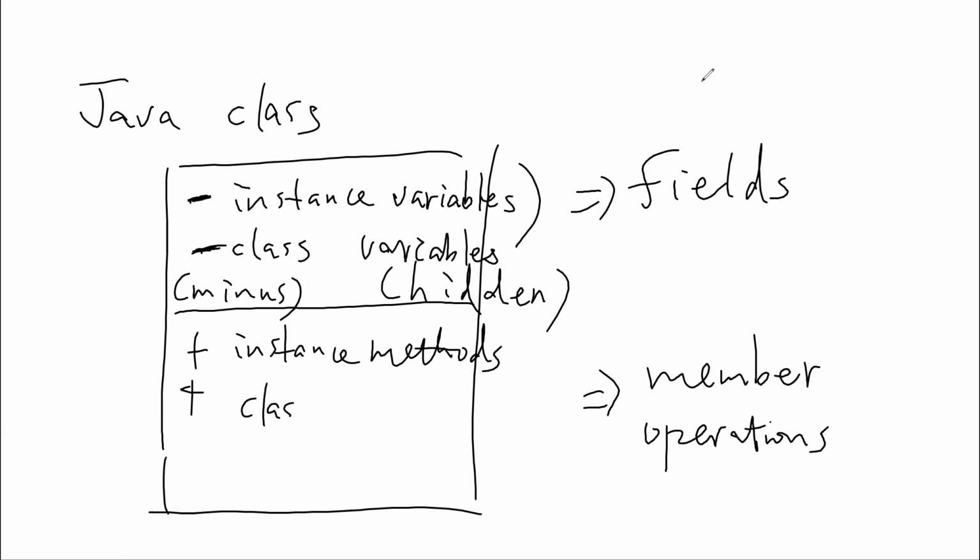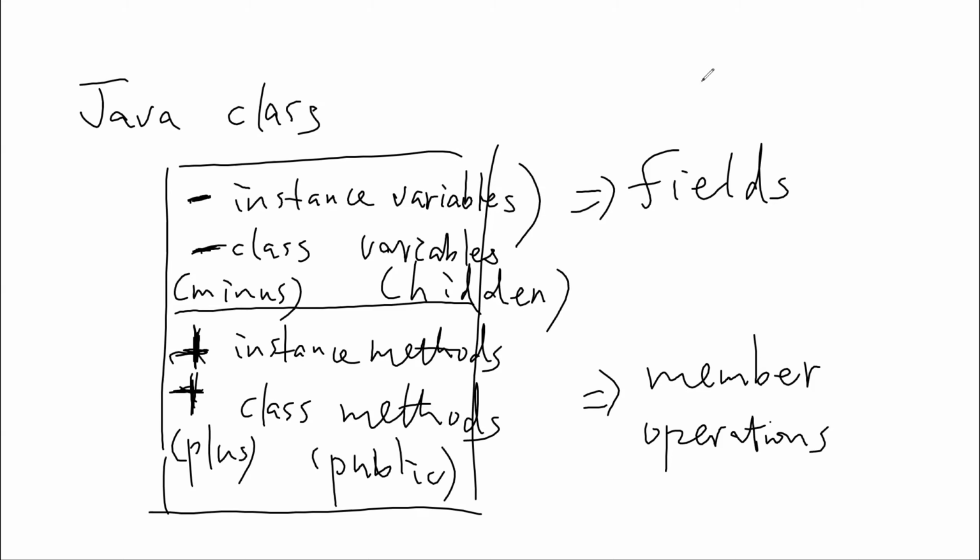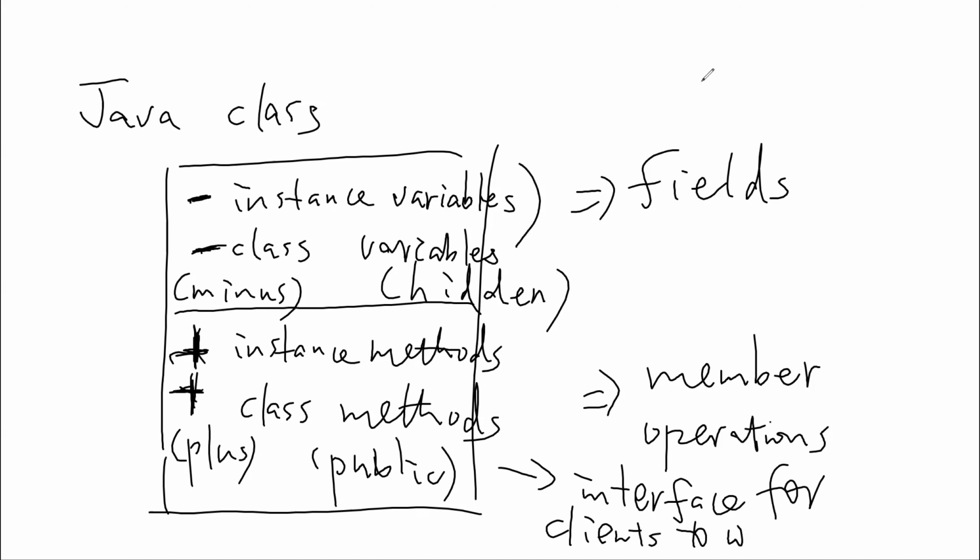And in Java, we also have class methods. Normally we use the plus sign to represent them when we draw this kind of diagram, okay? And they are public, because like I said, basically they provide an interface for clients to work on.